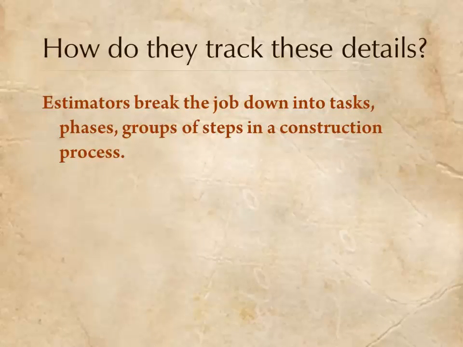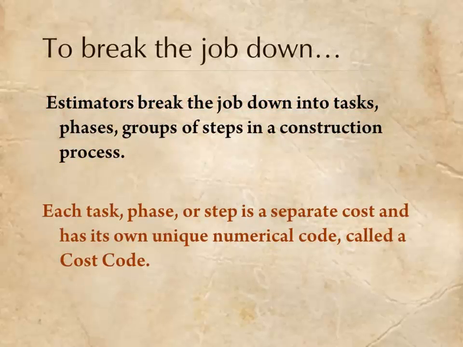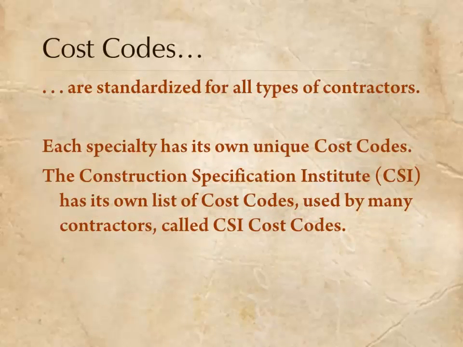Well, they break down the job into tasks, phases, groups of steps in a construction process. Each task, phase, or step is a separate cost and has its own unique numerical code called a cost code. Cost codes are standardized for all types of contractors.